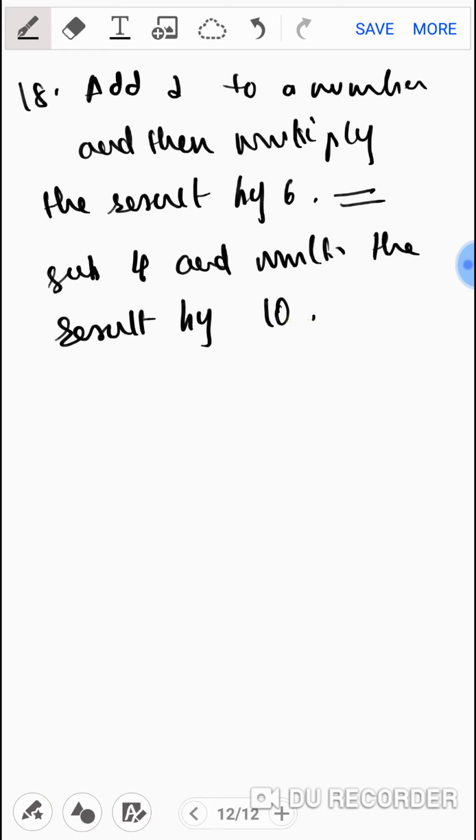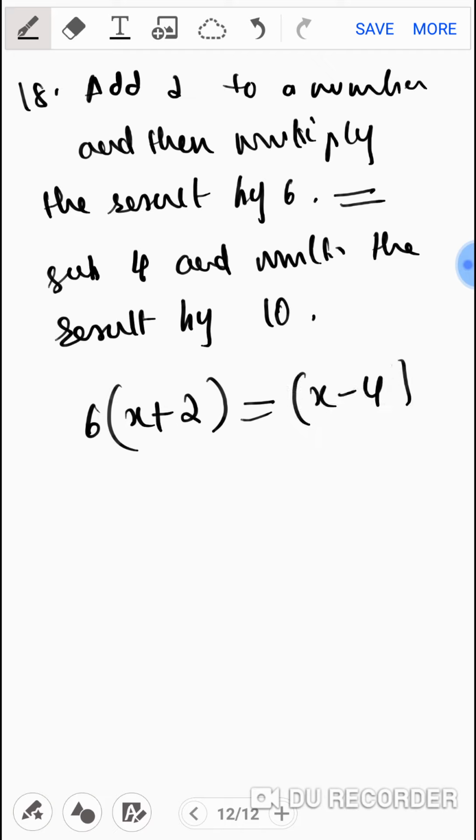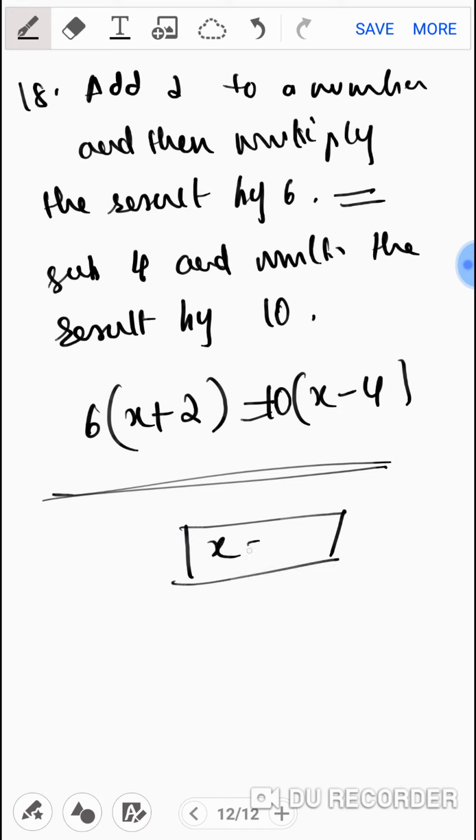Look at the equation, what it says. Look at the word problem, what it says. Add 2 to a number. So I have added 2 to a number. Multiply this result by 6, which will be equal to subtracting 4 from a number and multiplying by 10. So this is your equation. You have to solve. Open the bracket as we do and find the value of x.